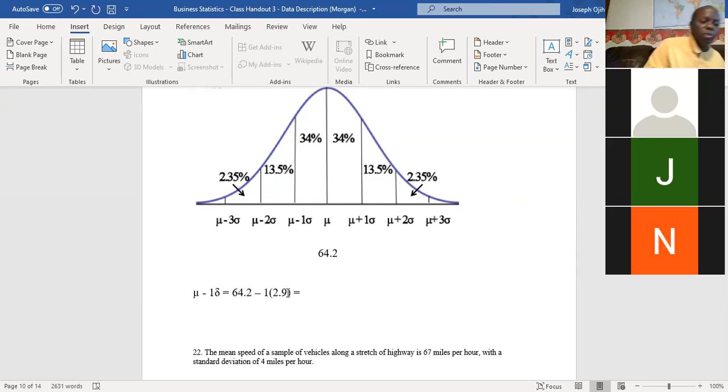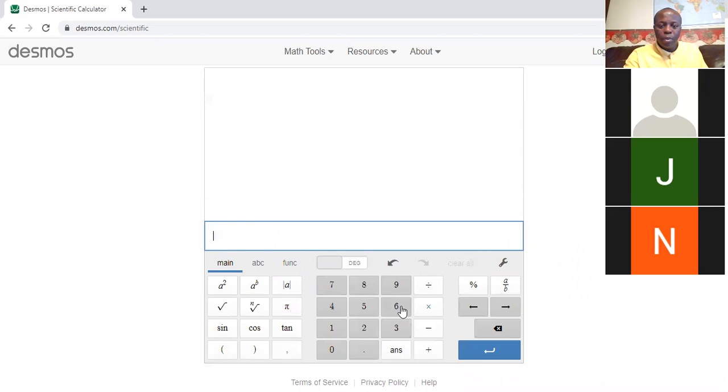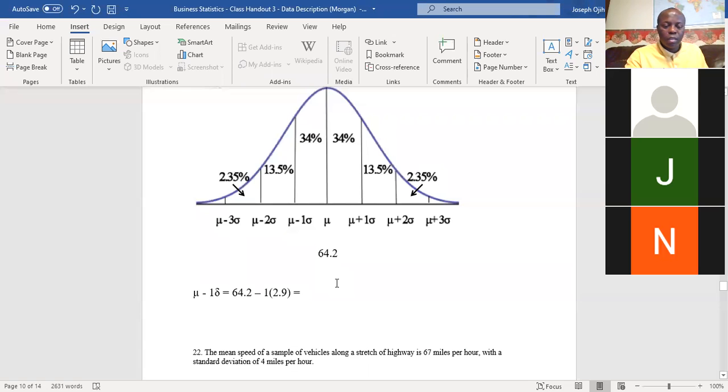So when I put it in decimals, 64.2 minus 1 times 2.9 was 61.3 inches. So the answer for this part here is 61.3.